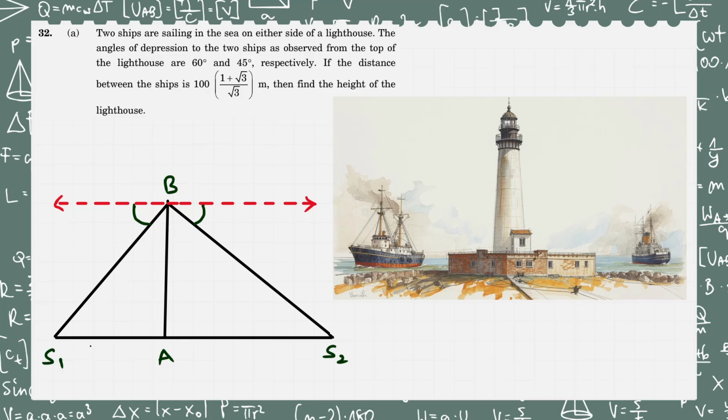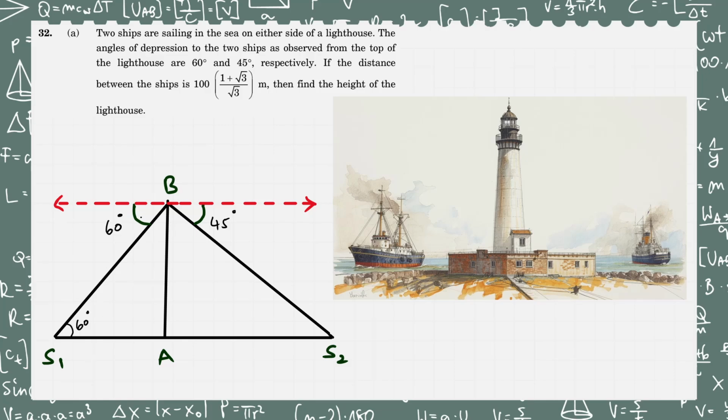As I told you, the close by ship will have bigger angle of depression, and the far by ship will have smaller angle of depression. And we know that this red line and this line segment joining S1 and S2 will be parallel to each other, right? So because of that, this angle will also be 60 degree, because these two angles are alternate interior angles.